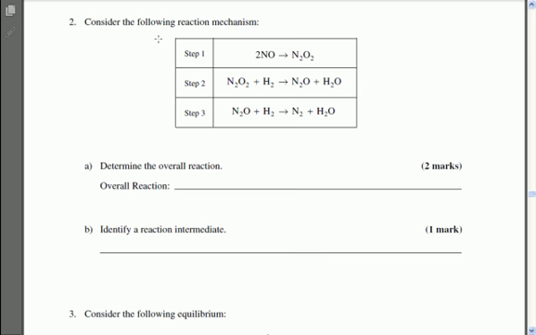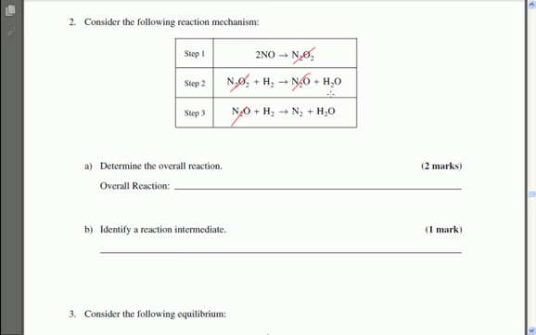The next question says, consider the following reaction mechanism. And question A says, determine the overall reaction. So what we're going to do is look at their three-step reaction and cancel out anything that's not being used. So we see N2O2 can cancel out. They're on both sides here. N2O can also cancel out.